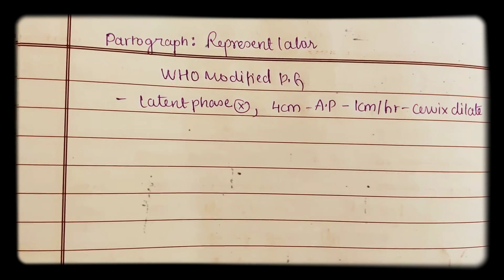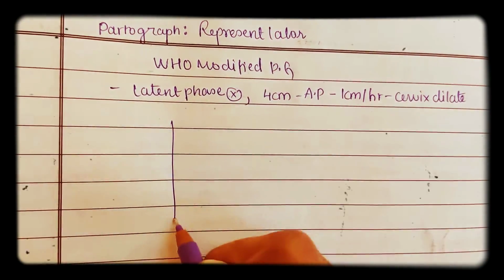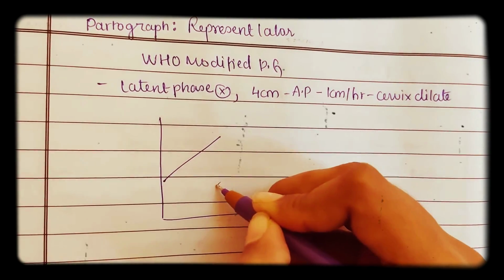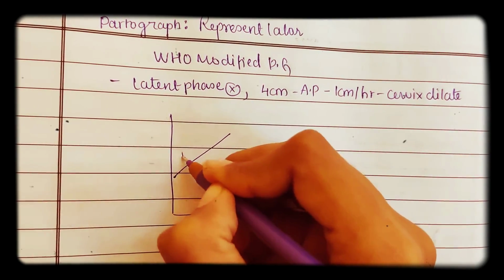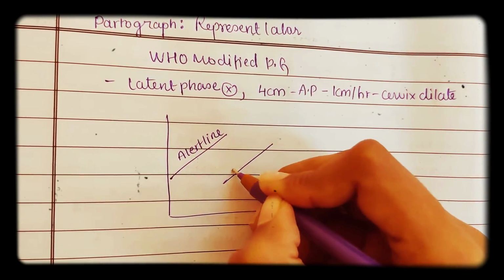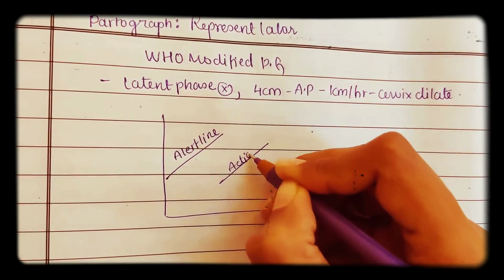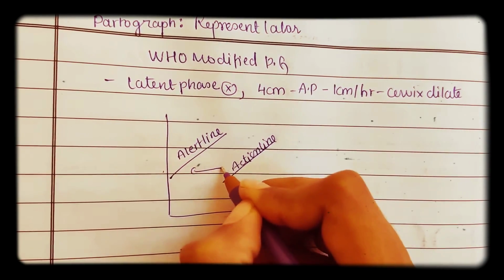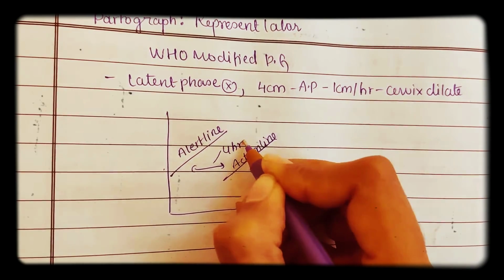So let me draw a partograph now for an example. This is how a partograph looks. There are two parallel lines, as I said. This is called the alert line and this is called the action line. Between the alert line and action line, the time period is about 4 hours difference.